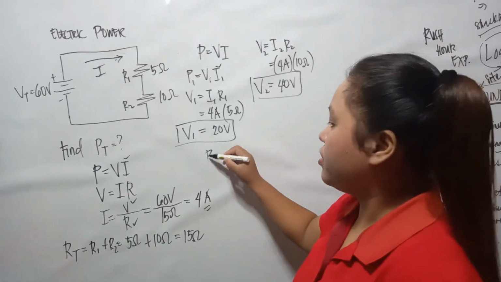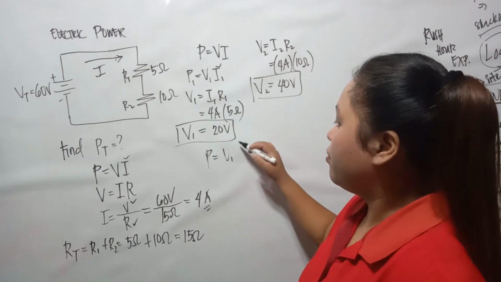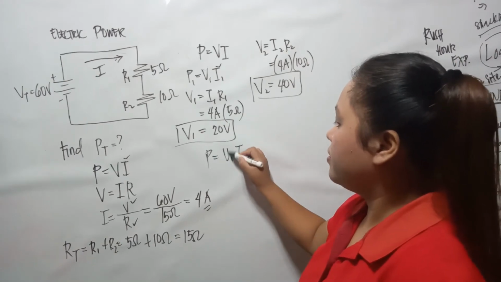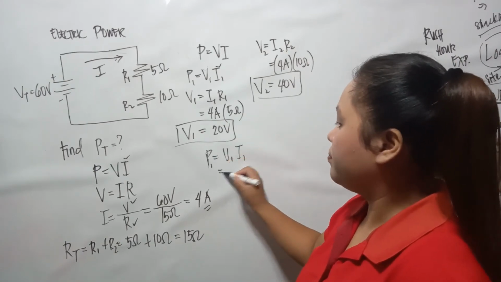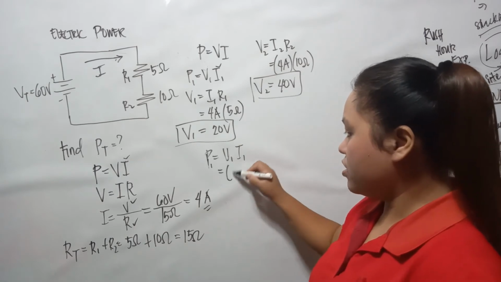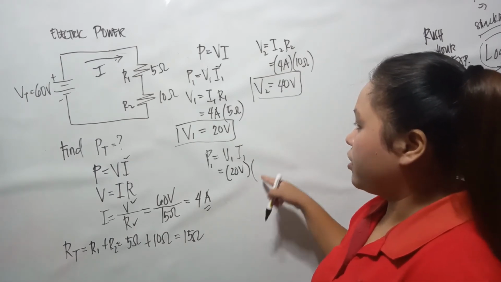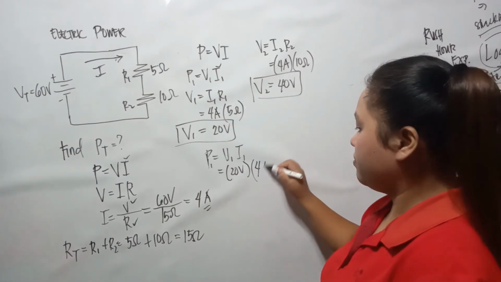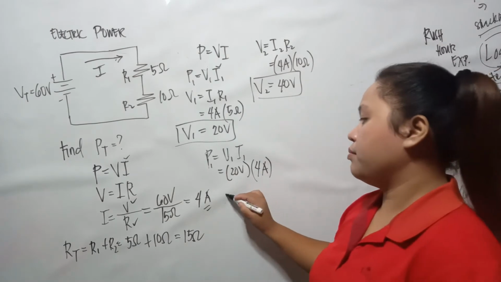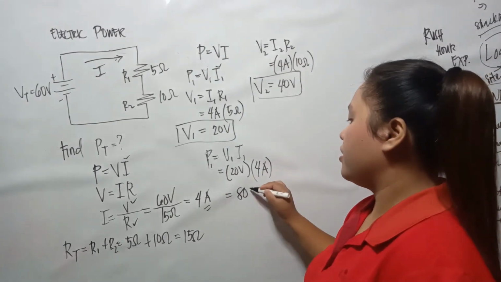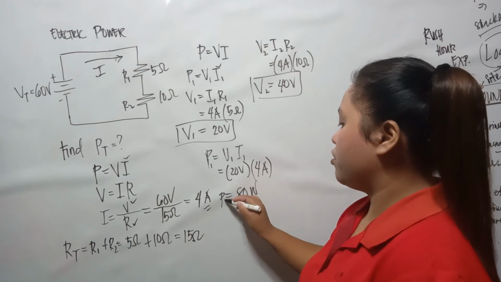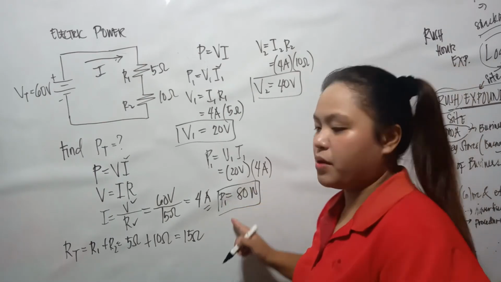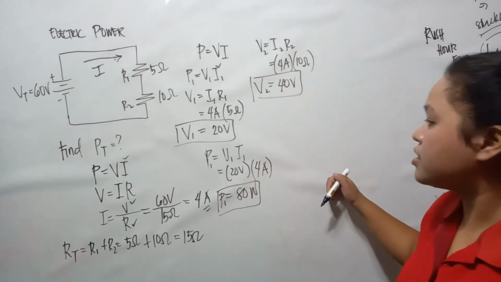Power is equal to V1 I1. V1 is 20 volts multiplied by the current, which is 4 amperes, so that would be 80 watts. The power dissipated in resistor 1 is 80 watts.